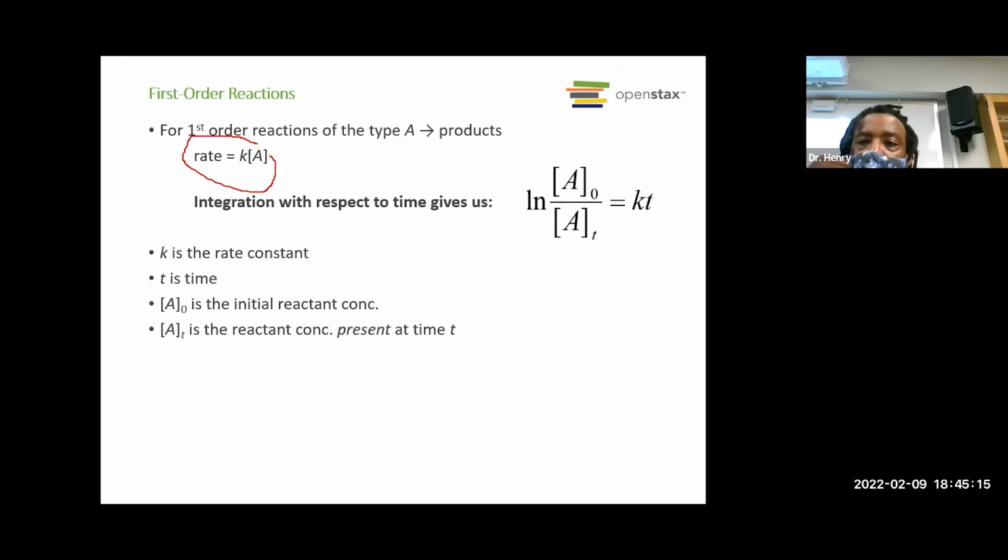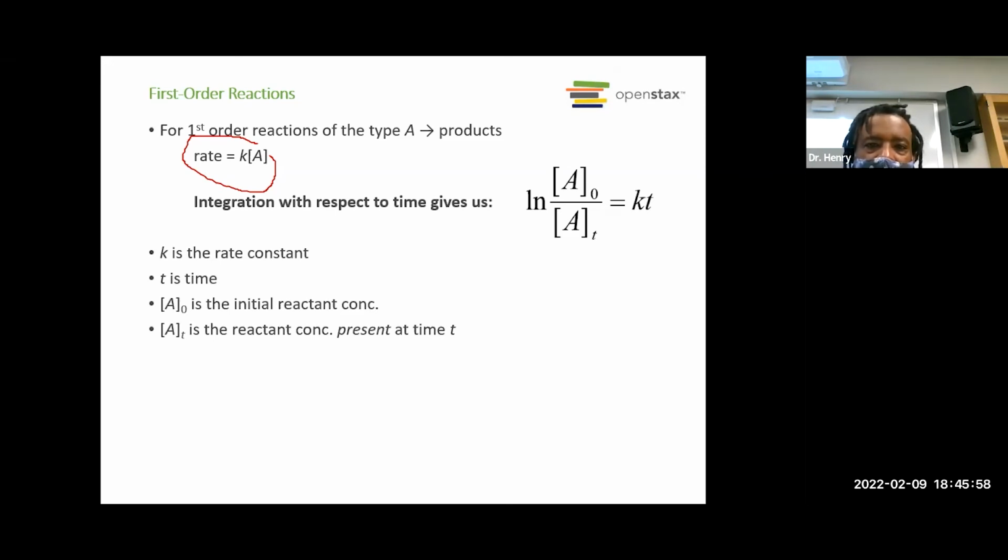Now, a lot of times we're going to have to rely on the data collected to calculate the variables that are going to be missing. So we're going to change the first order equation, because if we take a look at it, we can make modifications based upon the rules of logarithms.